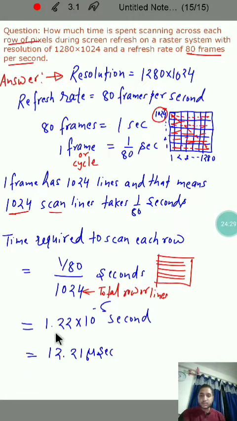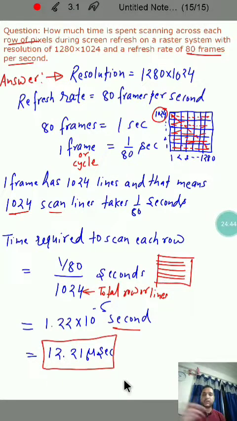That will be in seconds. So 1.22 into 10 raised to power -5 seconds. If you want to calculate that in microseconds, then multiply this term with 10 raised to power 6, then it will be 12.21 microseconds. We did the same question yesterday too, but here they used a new word, that is frames, instead of cycle.